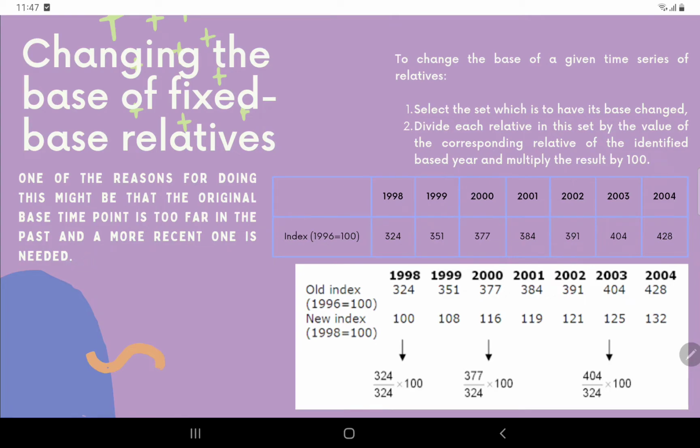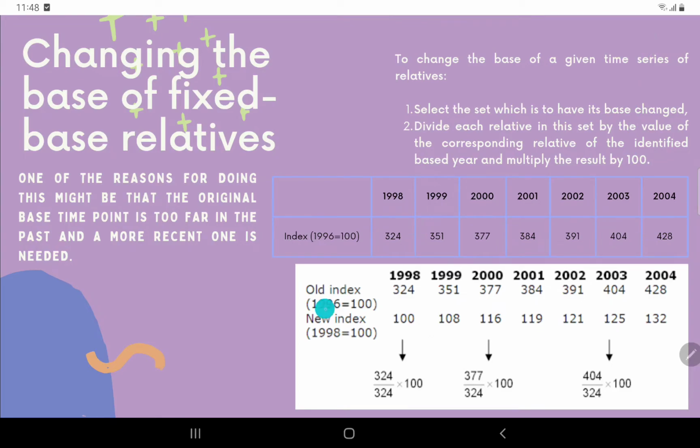So to change the base of a given time series or the relative, we need to select the set which is to have its base changed. Okay, pilih set yang mana nak tukar base dia, and then divide each relative in this set by the value of the corresponding relative of the identified base year and multiply the result by 100.